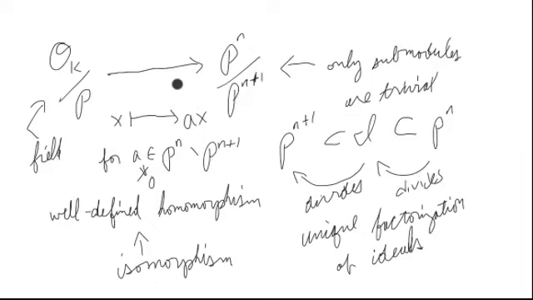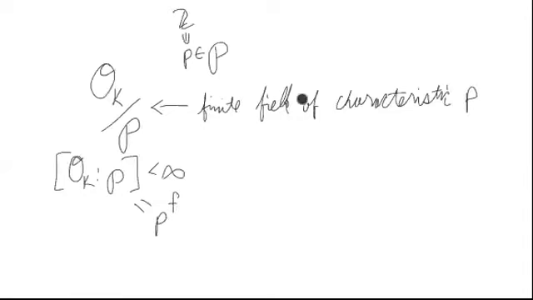So we have a nice isomorphism, which means that, remember, the index of P in OK is finite. And so this finite index is going to be the same as this finite index. Since this is finite, and it's a field, we know it's a finite field. What's its characteristic? Well, take any prime p that lives in Z that this prime lies over.